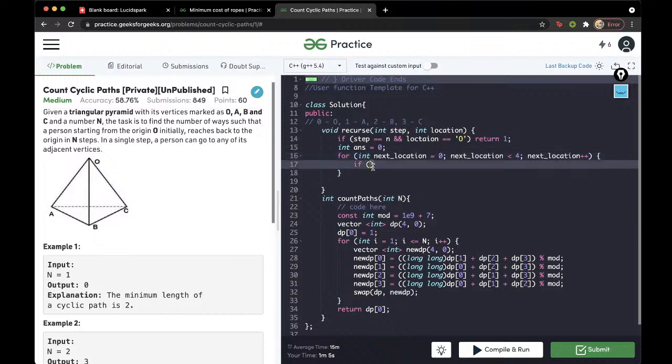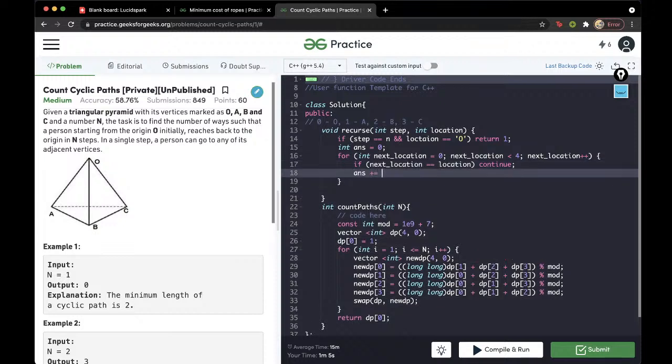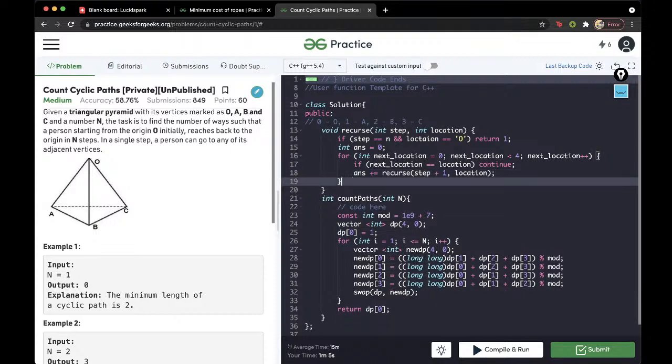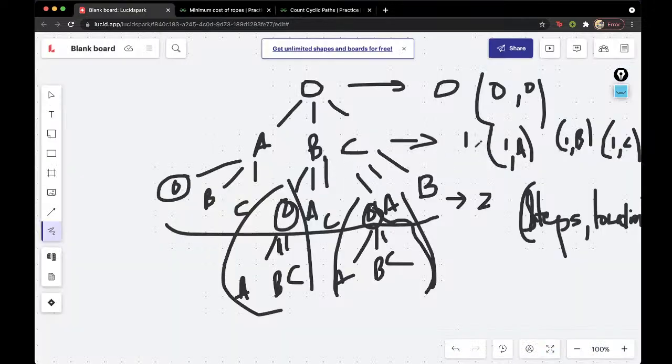If your next location is equal to the current location, you continue because you cannot go to that place. So answer plus equals recurse of step plus 1, next location. This recursive function is essentially from A you can go to O, B, C, where the step is 2, and so on. Now this recursive solution will again calculate all of these O's separately.